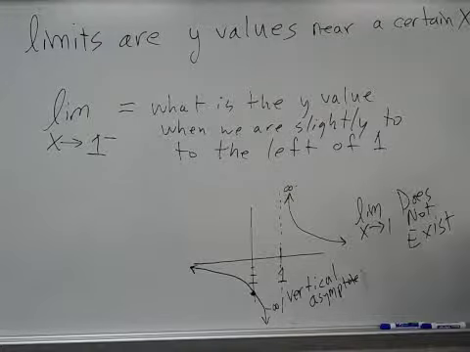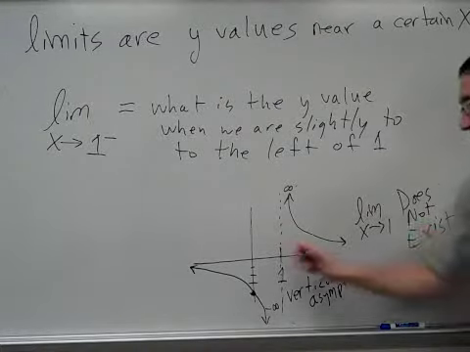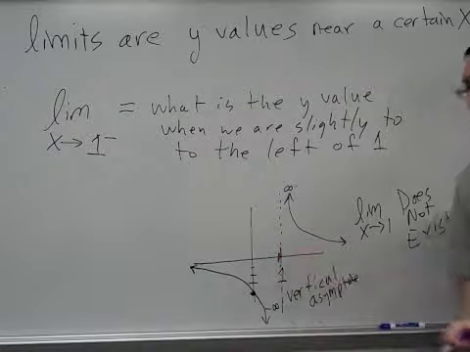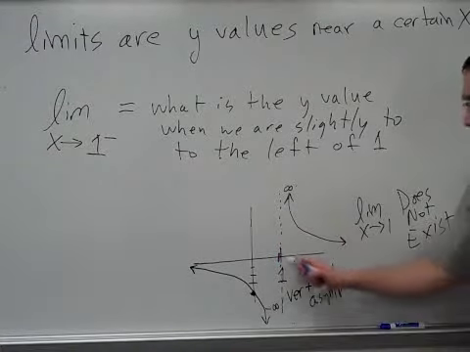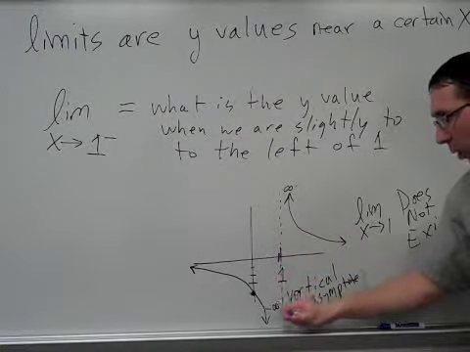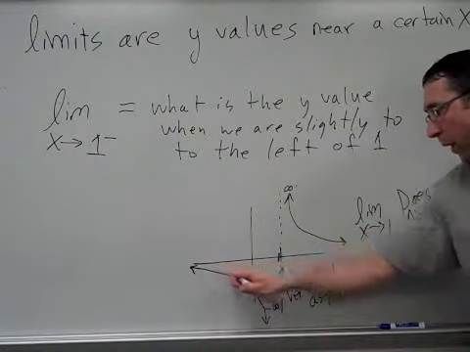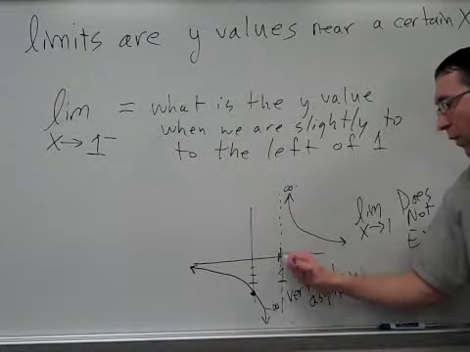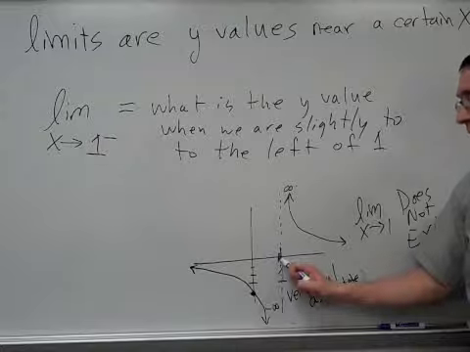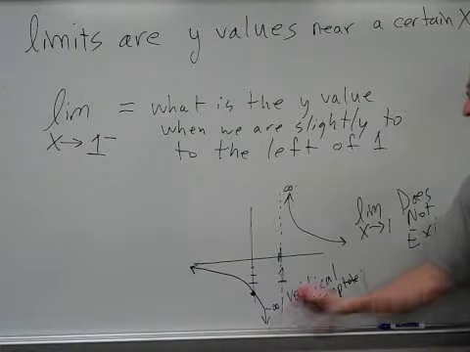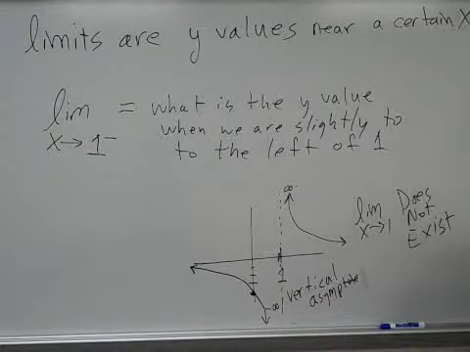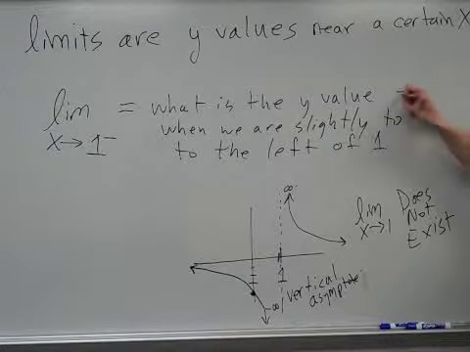If I'm standing slightly to the left of 1, my x value is like 0.99999. The y value would have to be living way down here because of the way the graph moves downward. So if I'm very slightly, just a hair to the left of 1, my y value is going to be equaling negative infinity.